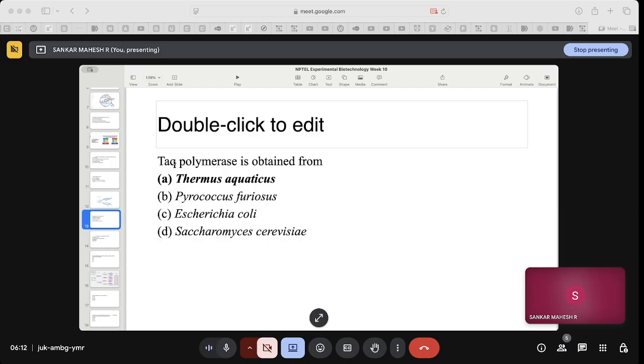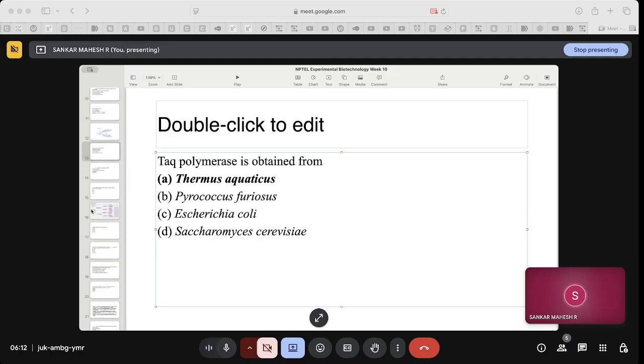So usually these enzymes are named after the genus and the species name. For example, here Taq can be broken down to T from Thermus and Aq from Aquaticus. So Thermus aquaticus is nothing but a hot spring, natural hot water springs. This is where this organism survives.